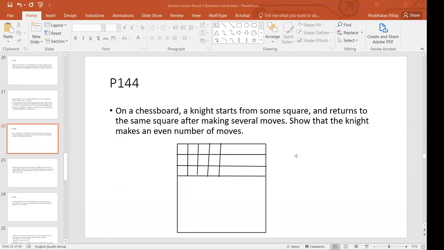Of course, these are colored black or white. So the colors alternate: black, white, black, white, black, white. A chessboard is always colored like that. Sometimes I've seen chessboards with brown, white, or some other color, but the standard chessboard is black and white. Now, a knight. And the knight on the chessboard is the horse.